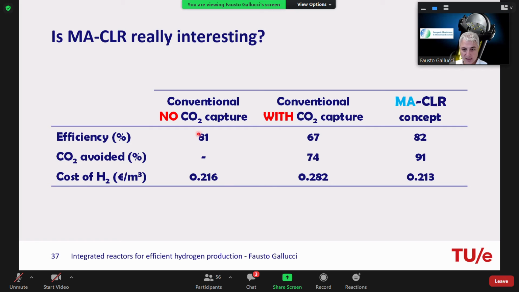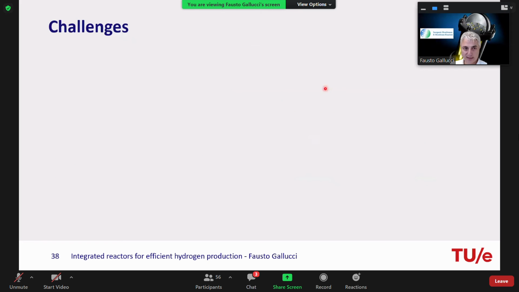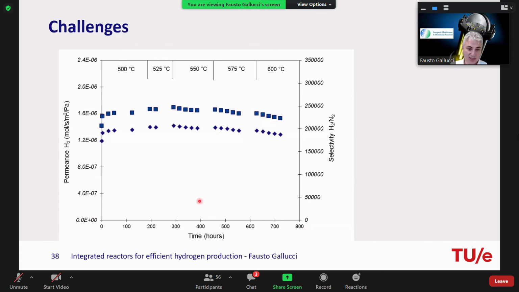But of course, this is based on results at TRL 5. And what we found out is that there are always some problems, or some challenges, I would say, in particular with the membranes in this case. What you see here is a test of membranes for almost 1,000 hours.